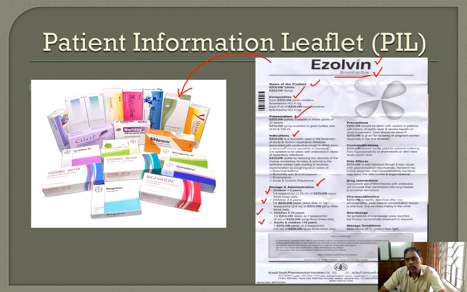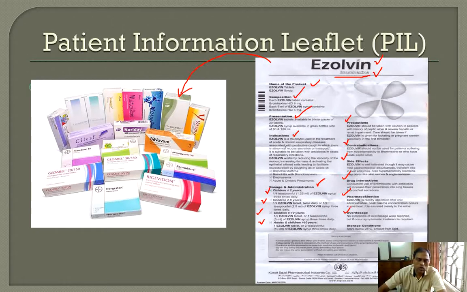And then precautions, what precautions need to be taken while taking the medication. Then contraindication, where it is not supposed to be taken. Side effects, what are the common side effects one can get by taking this medication. Then drug interaction, then pharmacokinetics, and then overdosage.